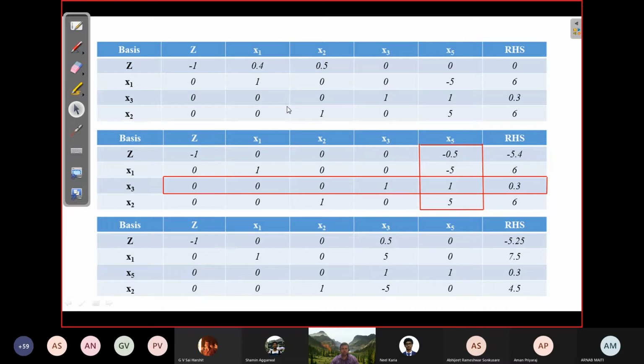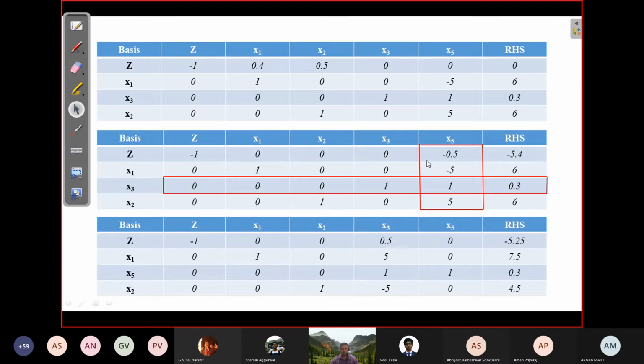So I have to do some Gaussian elimination operations to express the objective function only in terms of x5. And this is what is done here, right? So I have to make this 0.40 and 0.50. And this is what we get. So the second table is actually my initial table for simplex.